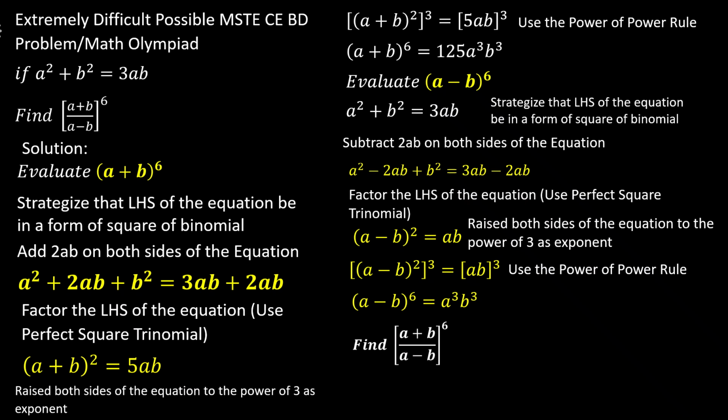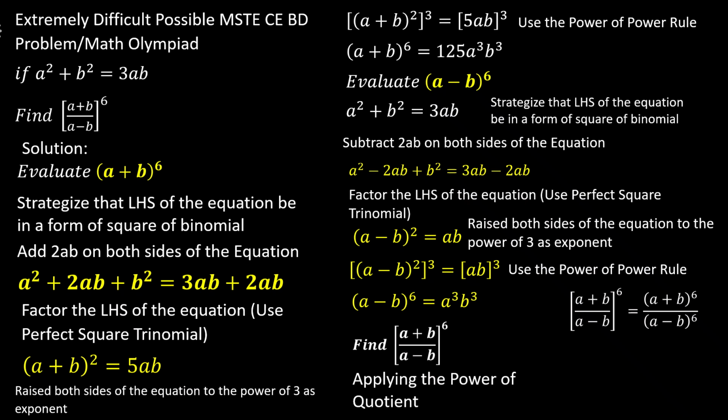Our last step now is to determine the value of (a plus b all over a minus b) raised to the sixth power. In order to solve the problem very easily, let's not forget this: apply the power of quotient. After applying the power of quotient, (a plus b over a minus b) raised to the sixth power will become (a plus b) raised to the sixth power, all over (a minus b) raised to the sixth power.